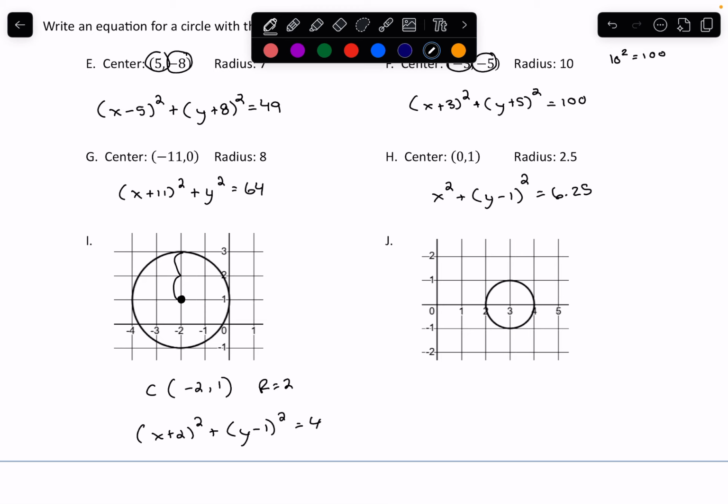Okay. Example J, here's my center. So my center is over 3 up 0, and I have a radius of 1. So I get x minus 3 squared plus no change in y, so I can just do regular y squared equals my radius squared, 1.